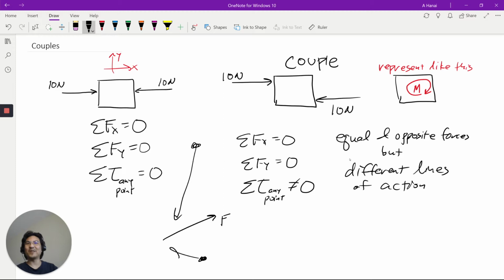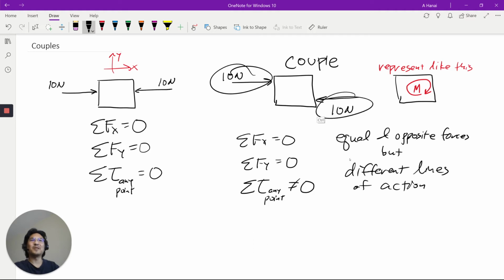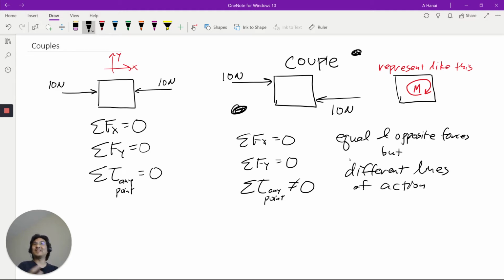R cross F, R cross F. But if I say here's this couple, what's the torque due to that couple about a point here? It's something. I pick another point somewhere else in space, like over here, and compute the torque due to the couple. It's the same. So that's weird, but useful.